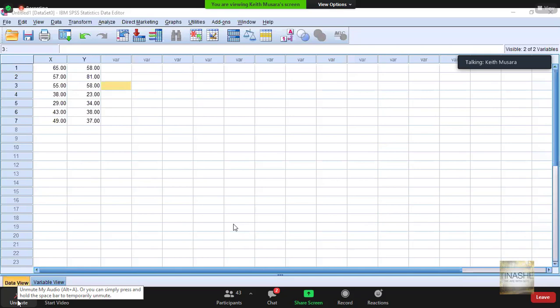What it does in the output is give you the correlation between X and Y. It gives you what is called the p-value, or the probability value. So you need to be able to interpret those values. For example, let me show you the table that contains the results.